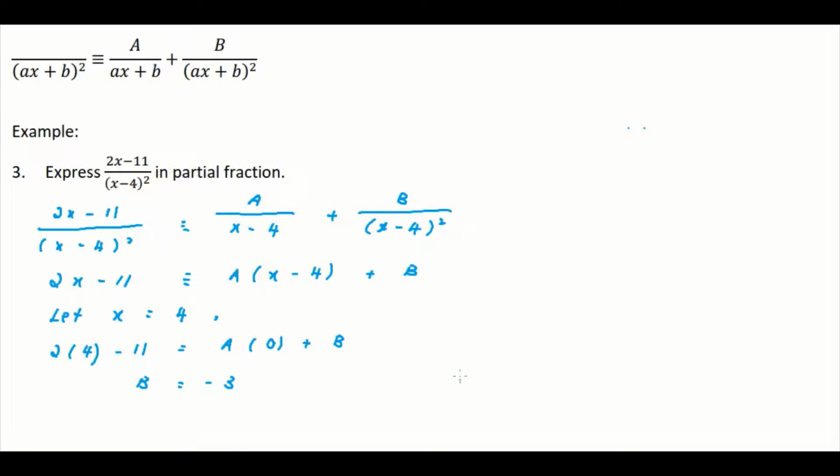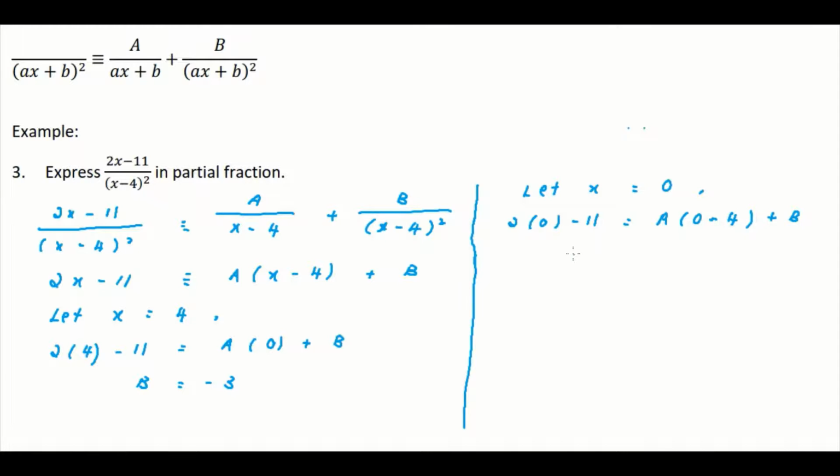Okay, since I have enough space here, I'm just going to continue here for my a. I cannot substitute anything to make a become 0 now, right? So I can just substitute anything as long as it's easy for me to get the answer. Maybe I will try with x equals 0. When my x equals 0, I get 0 minus 11 equals a times 0 minus 4, and then plus b.